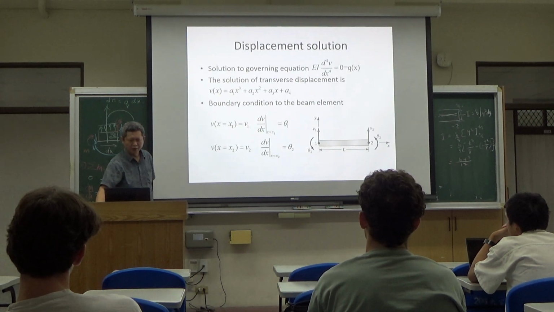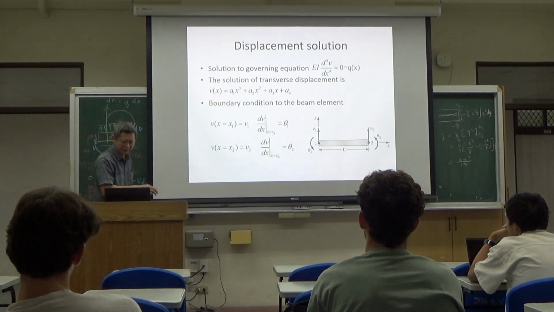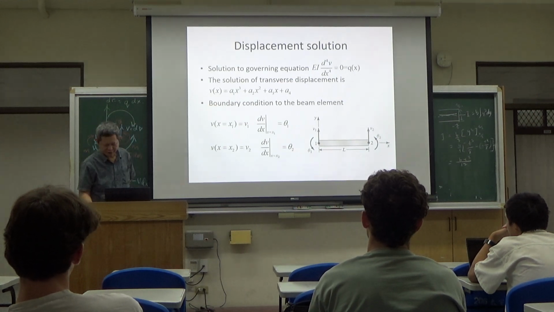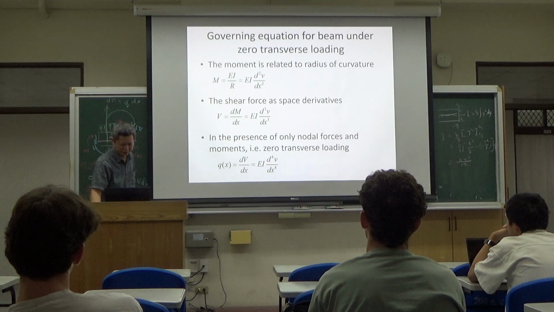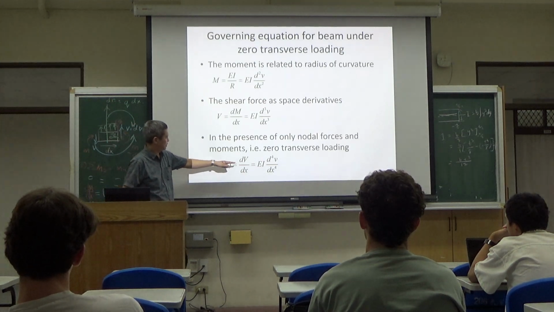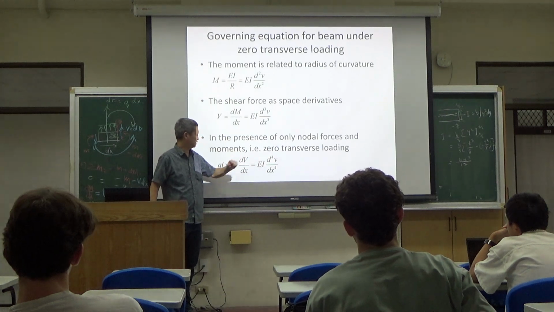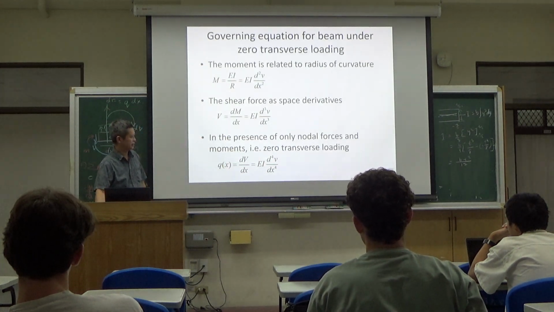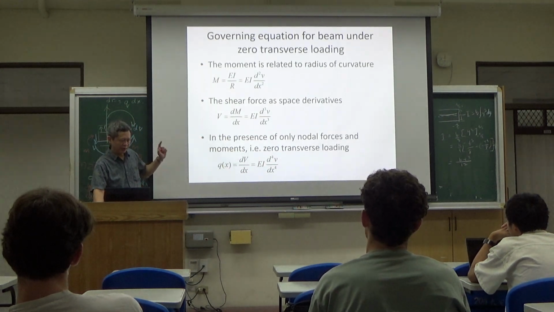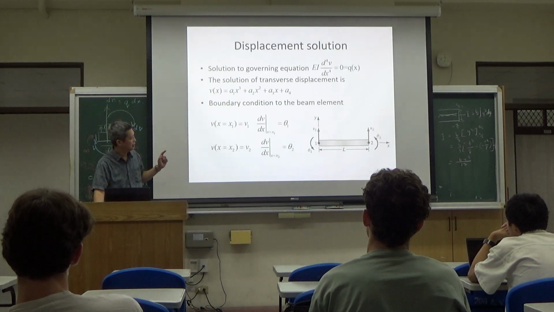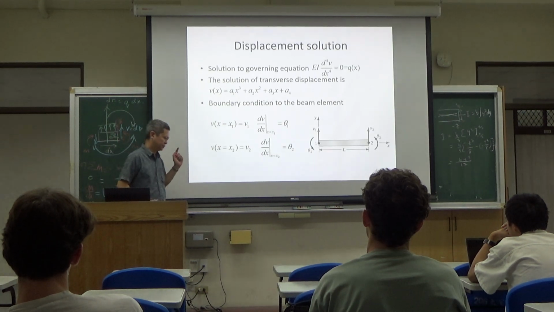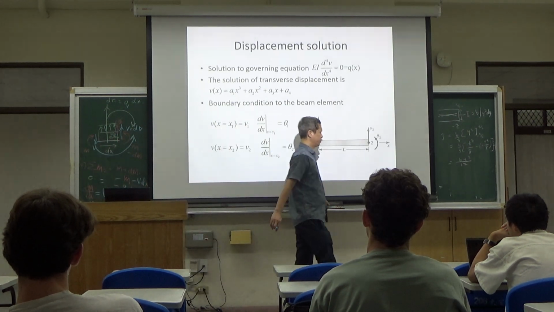Now let's come to the differentiation of the expression. q is EI times the fourth order derivative of vertical displacement. Now we come to the important formulation of finite element. We assume no transverse loading.